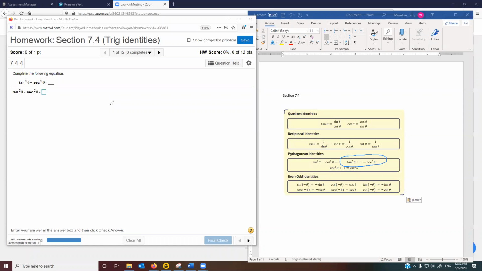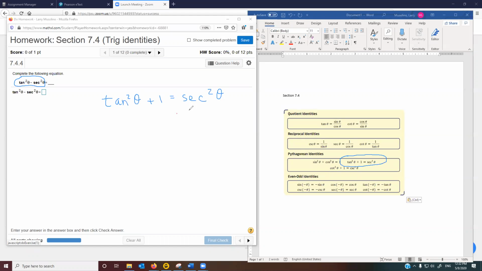So let me write this over here. It's tangent squared plus 1 equals secant squared. Well, what I'd like to do is manipulate this to make it look like the left side of the equation I'm given here. So I want to get tan squared and secant squared on the same side of the equation.